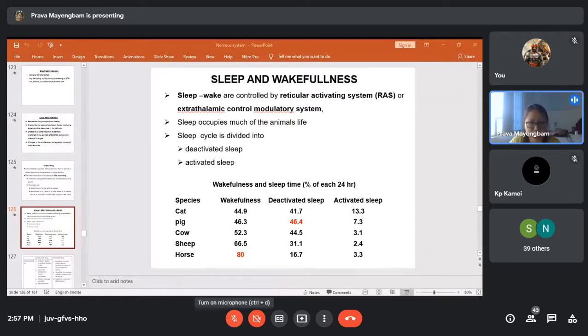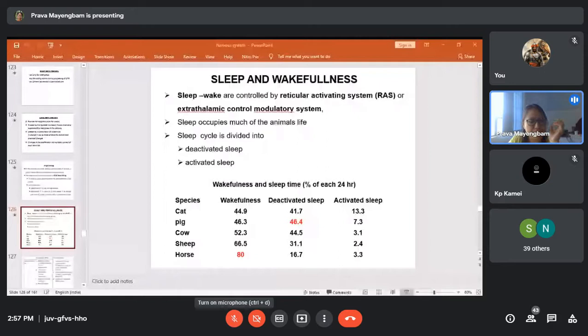You remember this, this is important. The reticular activating system, also written short as RAS, or the extrathalamic control modulatory system, controls the sleep and wake cycle.